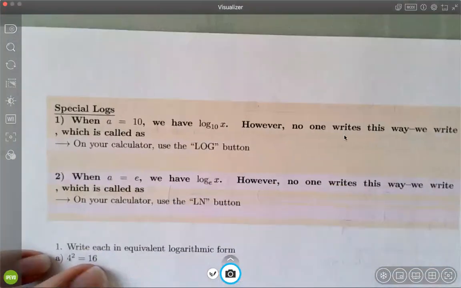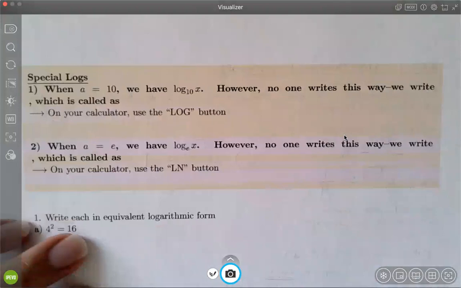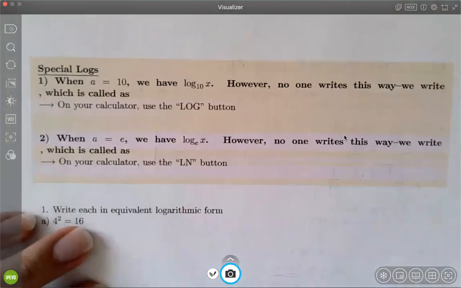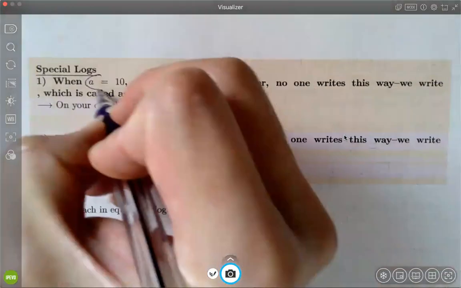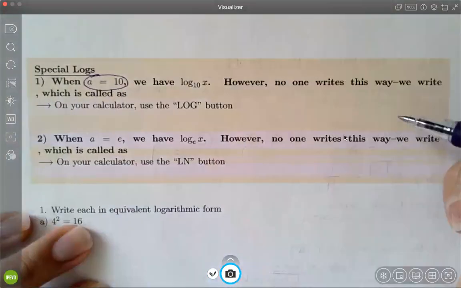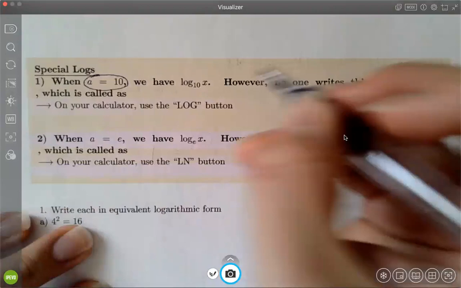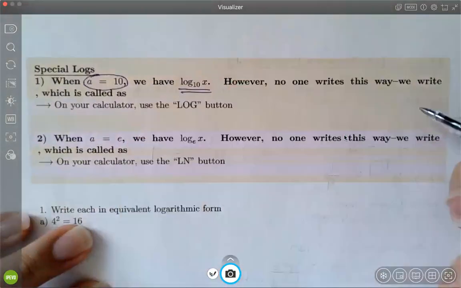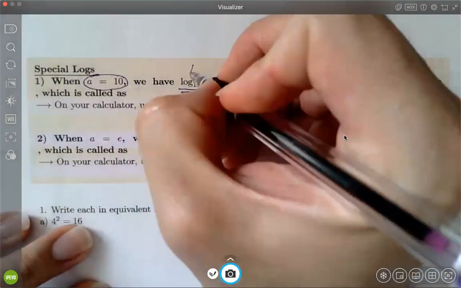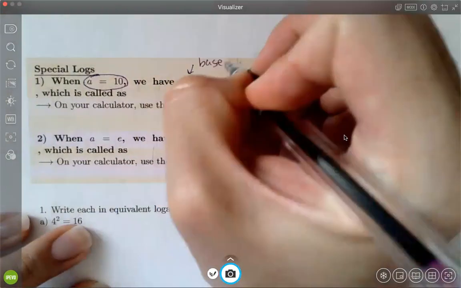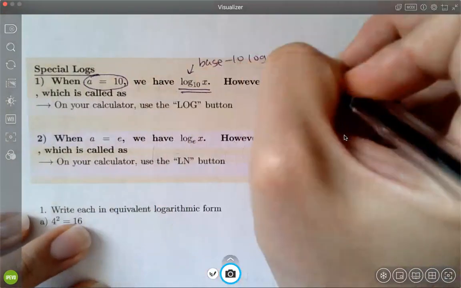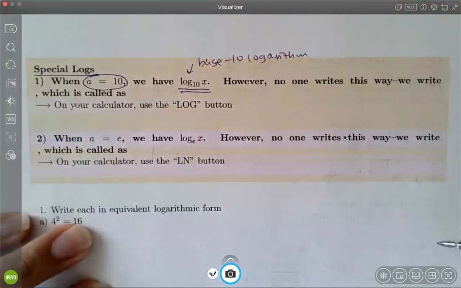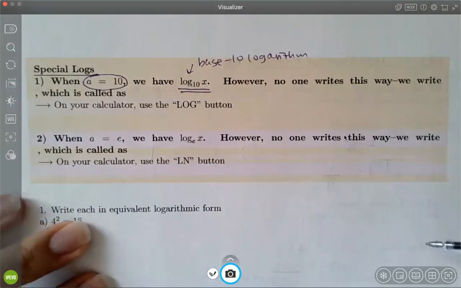So here are the special logs. Suppose the base is equal to 10. Then what do we have? Log sub 10 x, or we have the base 10 logarithm, right? Now, when the base is 10, nobody says base 10 logarithm.